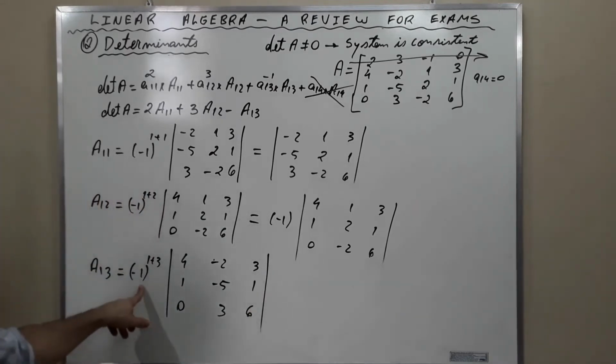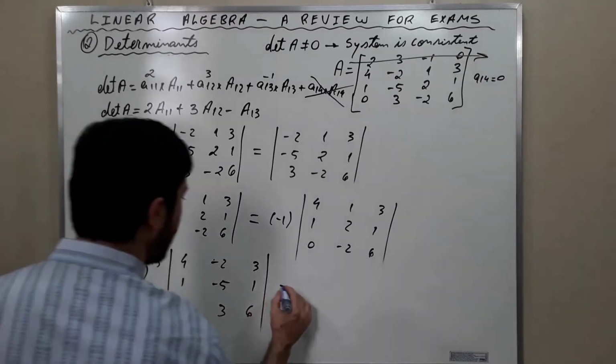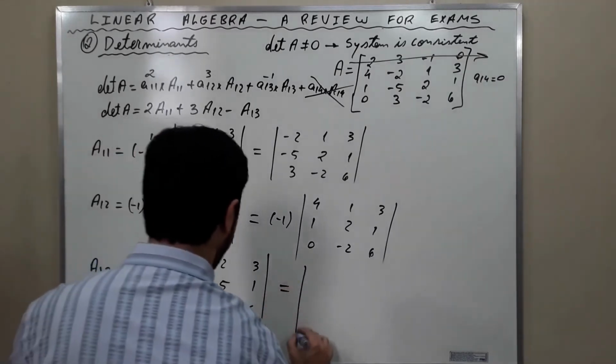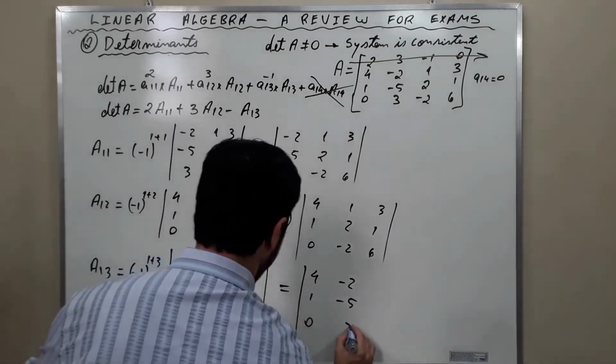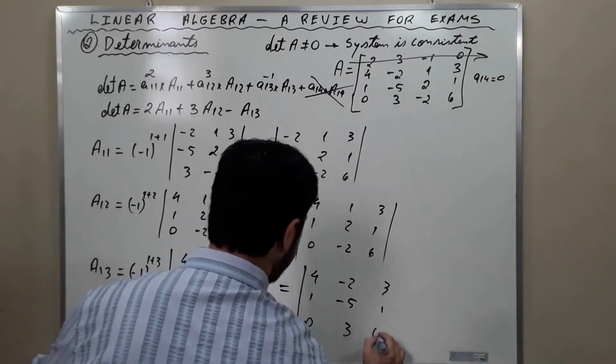Okay, -1 to the fourth is +1. Then you simply calculate this determinant here.